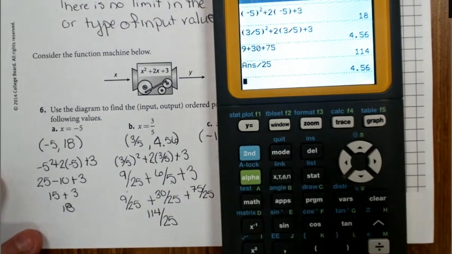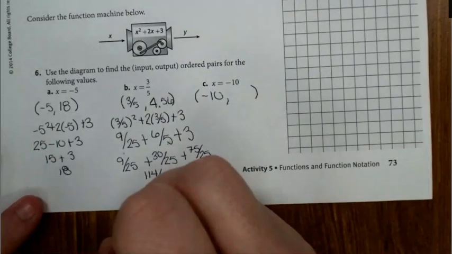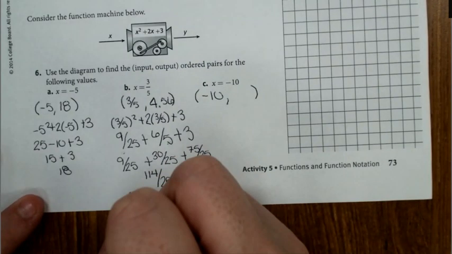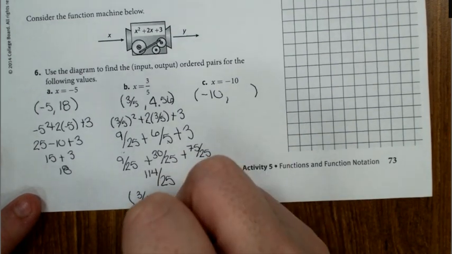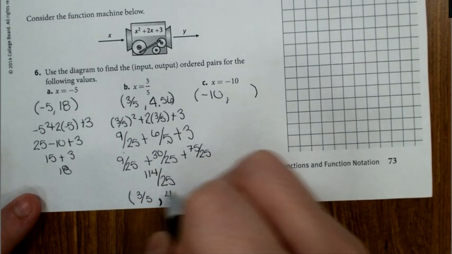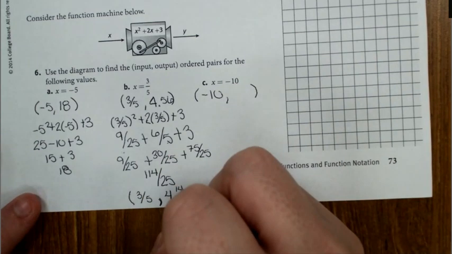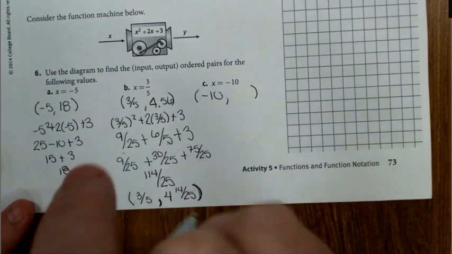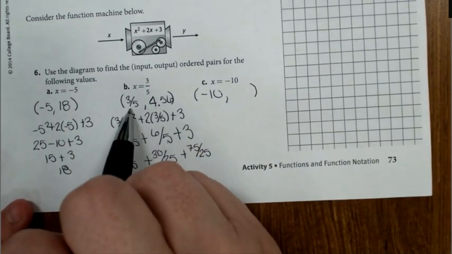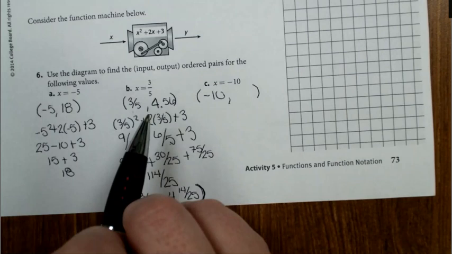So you could have written this 2 ways. I probably would have written it this way, 3/5, comma, 4 and 14/25, because I don't like to do one as a fraction and the other as a decimal.